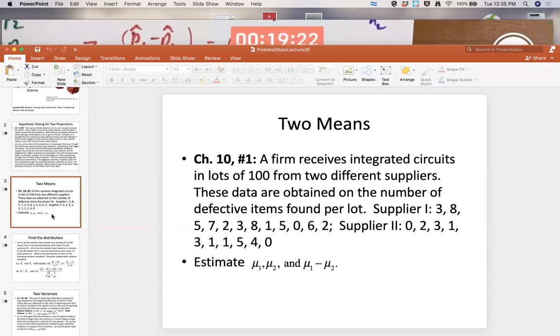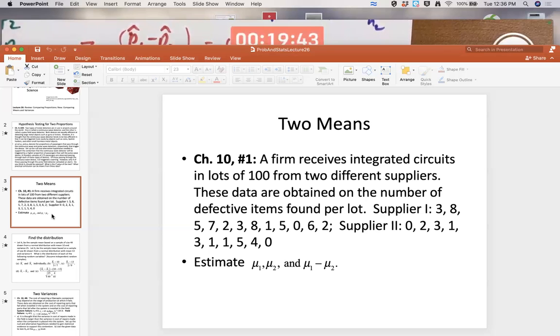So chapter 7, we were talking about using normal distributions, z. Then in chapter 8, we went on to t-distributions for both confidence intervals and hypothesis tests on a single mean when, remember, the population variance is unknown.